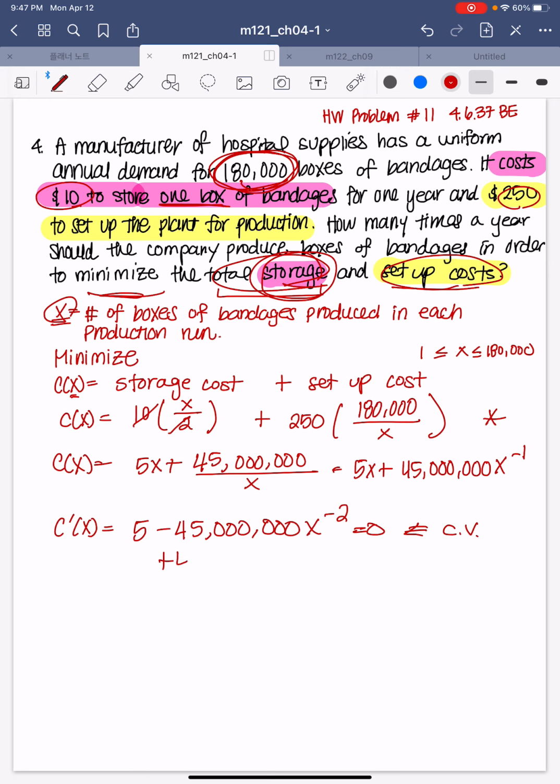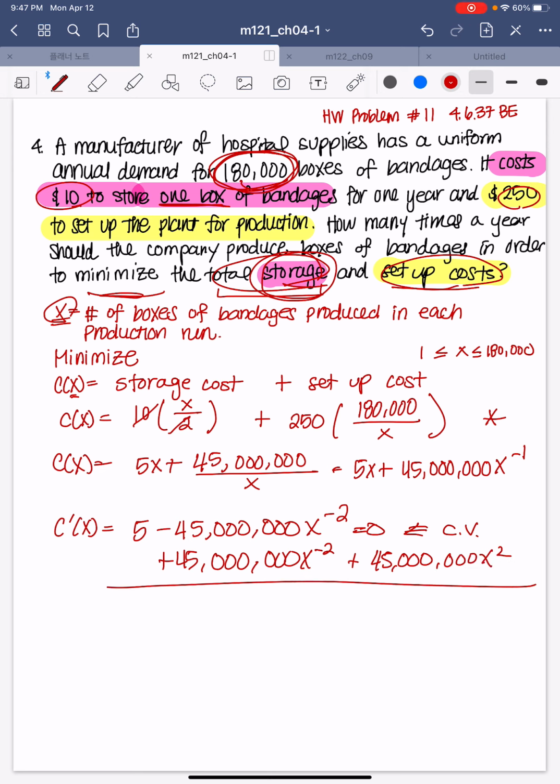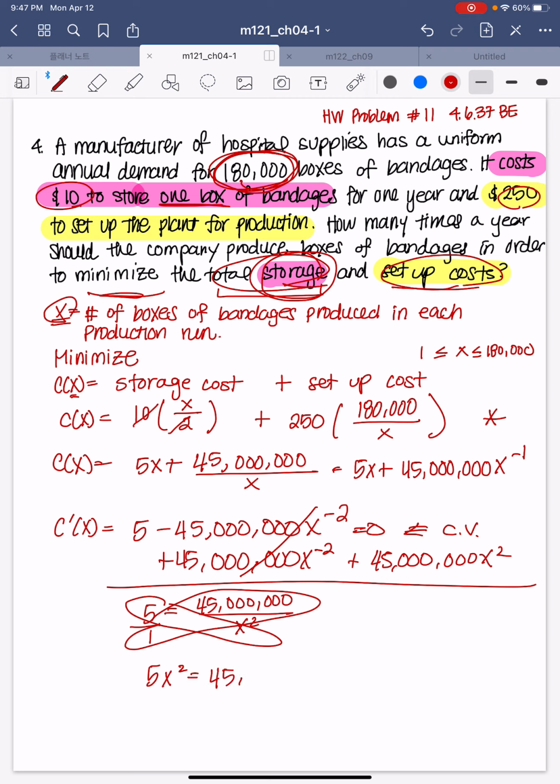So adding 45 million to both sides, x to the negative 2, I'm going to have 5 is equal to 45 million over x squared. Create proportion, so 5x squared is equal to 45 million, divided by 5.